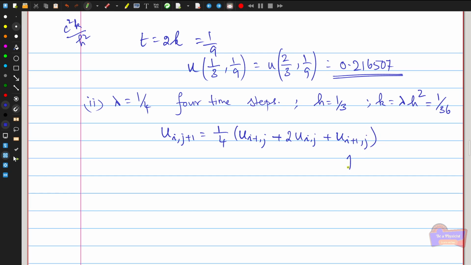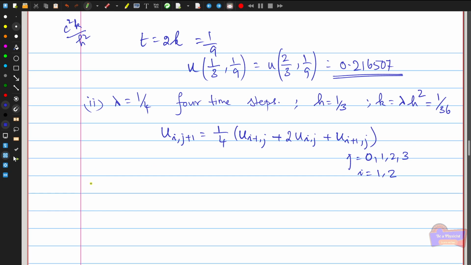Here j runs from 0, 1, 2 and 3 for the 4 time steps. Similarly, i runs from 1 and 2. Therefore we have to find the values for j equal to 0 to 3, for i equal to 1 and 2.